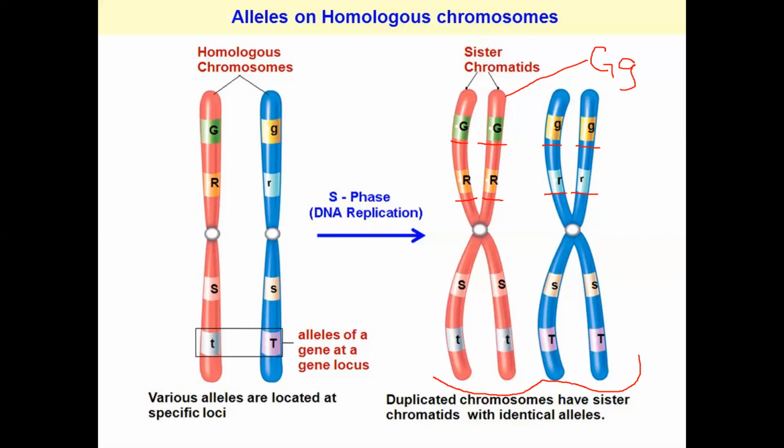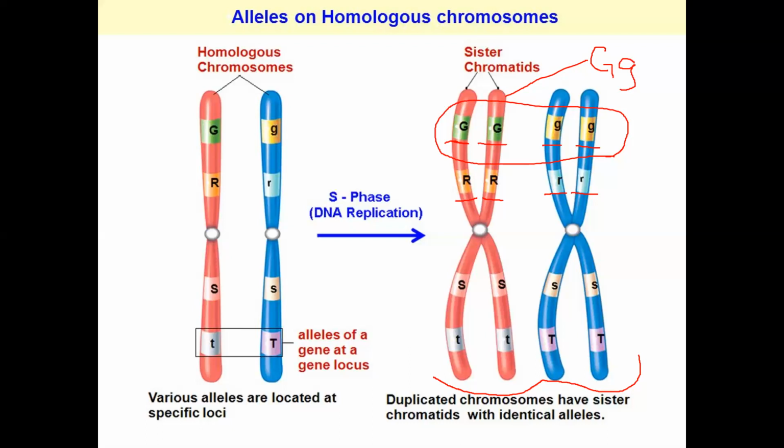So this would be the genotype for this characteristic. I do believe I said it was eye color. If it is eye color, then the dominant eye color is brown. So this individual would actually have brown eyes because they're big G, little g.